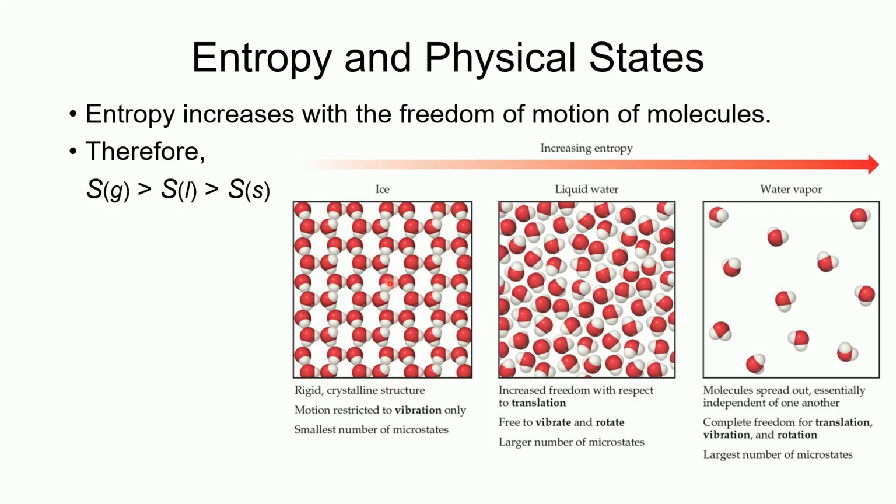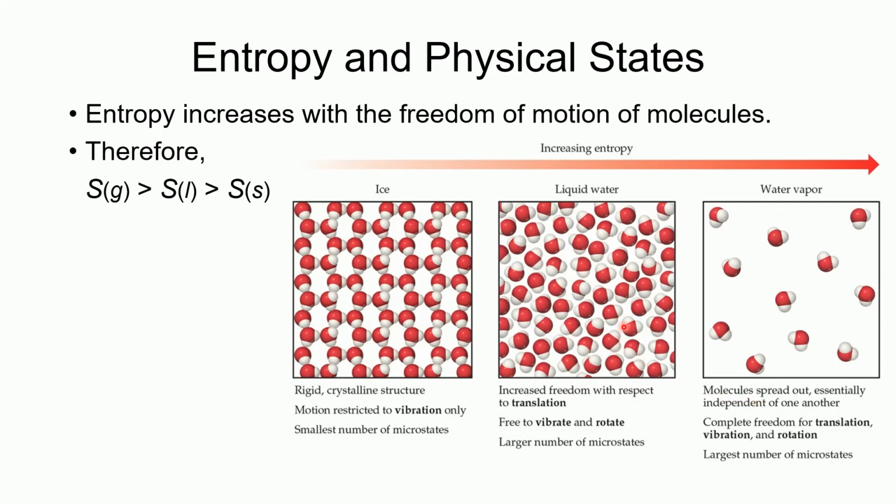If we melt the ice and convert it into liquid water, we'll see that there's more translational motion, increased freedom of translational motion, and increased vibrational and rotational motion. So that increases the number of microstates significantly.